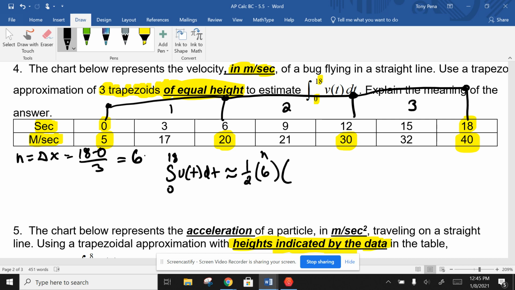The first and the last one only go in once, so the 5 goes in once, but then you would double the 20, and then double your 30. But the 40 would be the one that, again, just used one time.